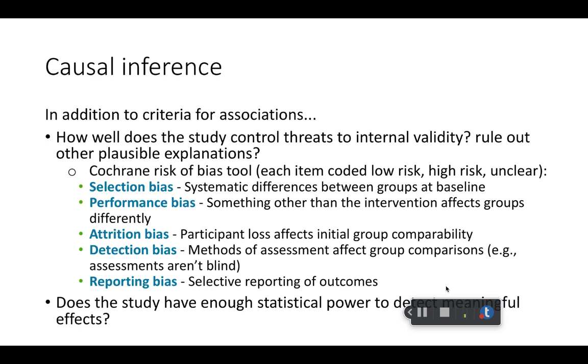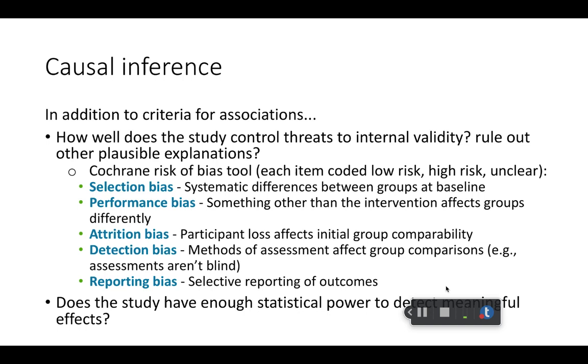It looks at whether a study result could be explained by selection bias, meaning that there are systematic differences between the groups at baseline that could account for differences in outcomes, or performance bias, meaning that something other than the intervention affects the groups differently. Attrition bias means that participant loss affects the group's initial comparability.